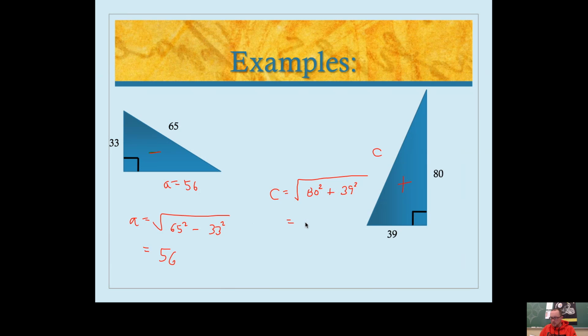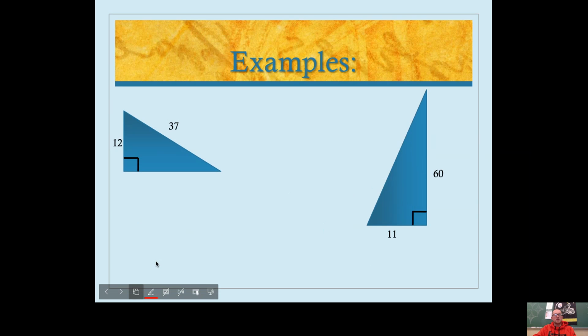Take a second and type that in. It gives me 89. And that makes sense because that's the hypotenuse. It better be bigger than both of your legs. Let's try.